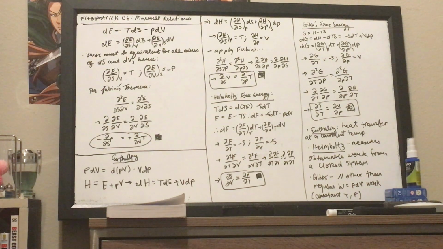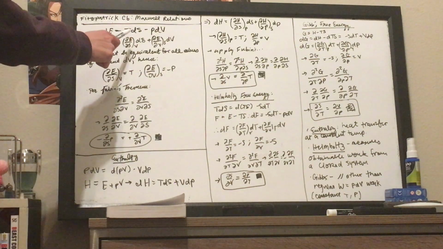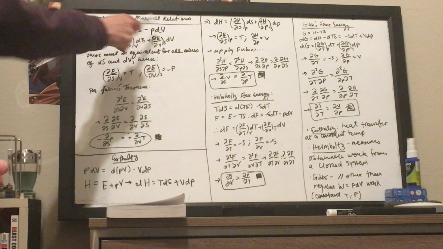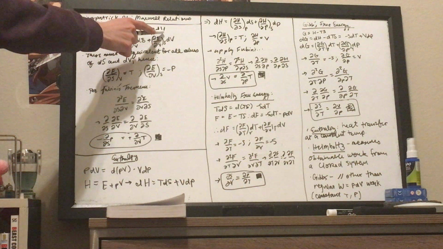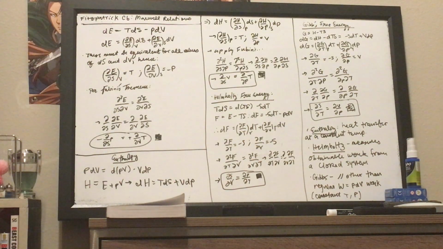function that we're going to look at, we're going to look at internal energy. And internal energy, if we remember from the first law of thermodynamics, can be re-expressed in terms of entropy and volume, right? Because this would be our dQ, and this is just our dW, if you remember that, right?